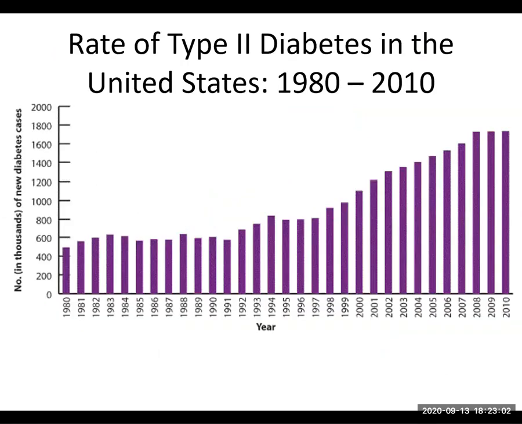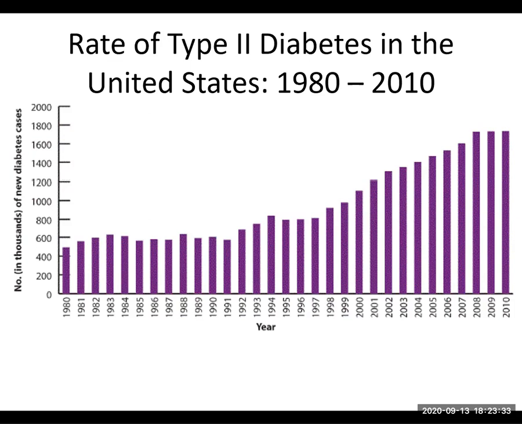An important issue related to the pancreas is the high prevalence of type 2 diabetes in our society. You can see this is old data, up to 2010. This is 2020 already. You can see the gradual increase of diabetes in the United States.